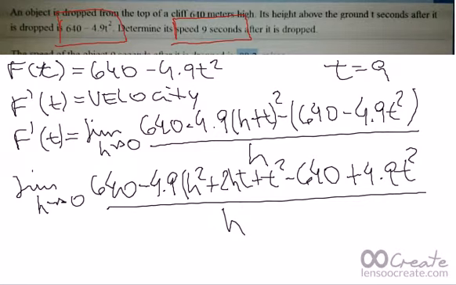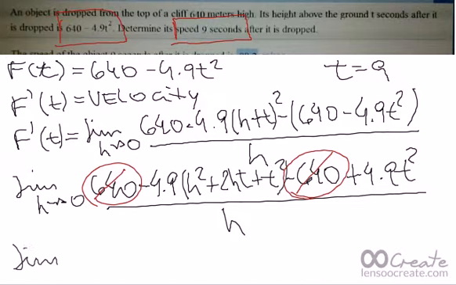One of the very first things we can do is notice that we have 640 and minus 640, so these two cancel themselves. For our next step, we multiply 4.9 times h squared plus 2ht plus t squared.